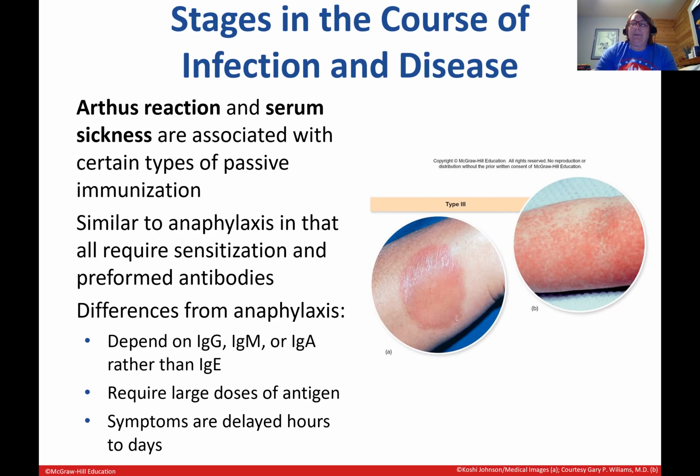In the case of serum sickness, you generally get a large dose of antigen, and it requires a large dose of antigen to have this huge systemic reaction. And the symptoms tend to be delayed. It takes a while for the body to build up this immune response, so often it's delayed for hours and even up to days before you see this reaction on the skin.